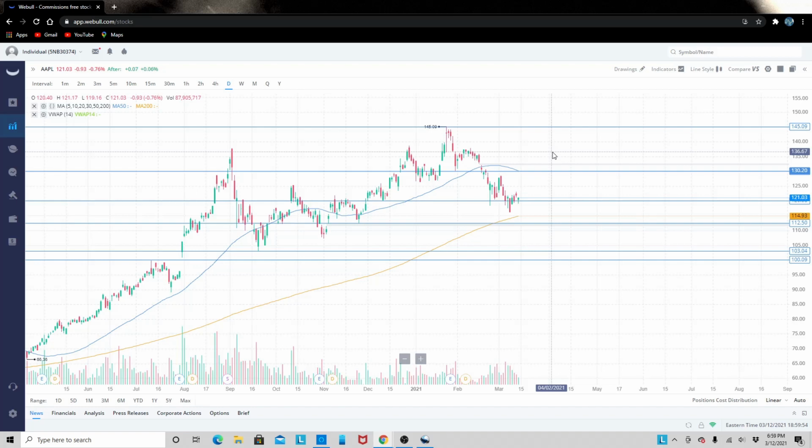The only thing I could see at worst happening is probably it trading sideways in between this 120 and 130 channel. I mean, they do have earnings coming up at the end of April. I think around April 26th, I believe, somewhere around this area right here. So I wouldn't expect it to drop that low.